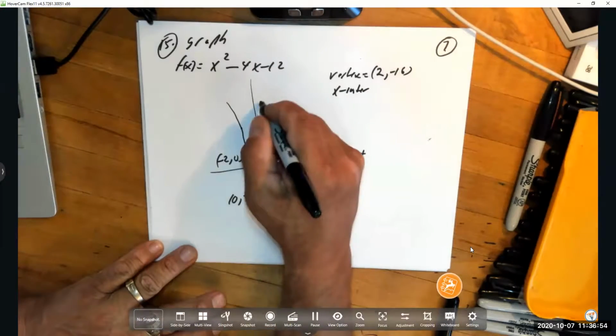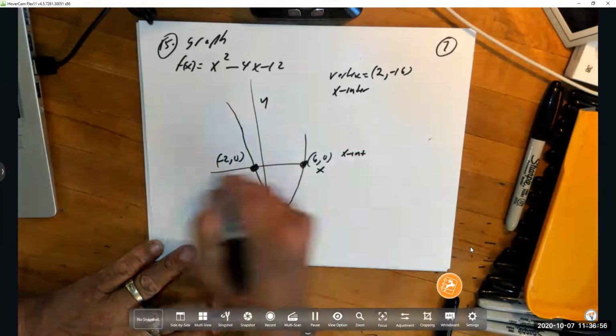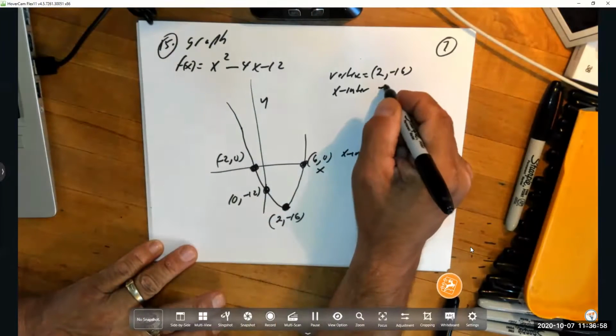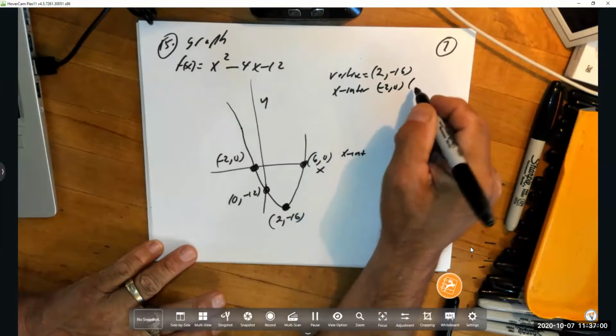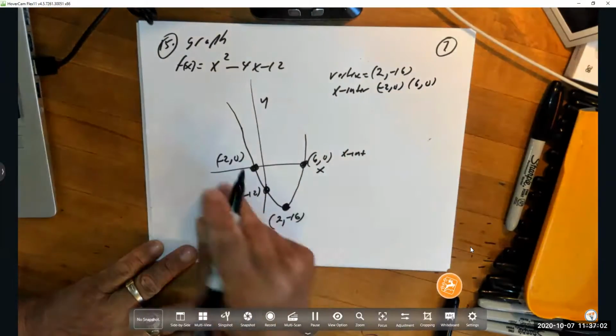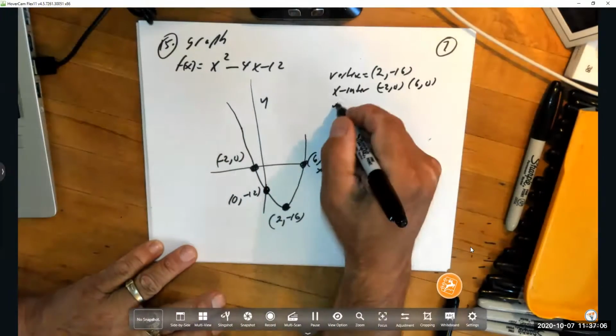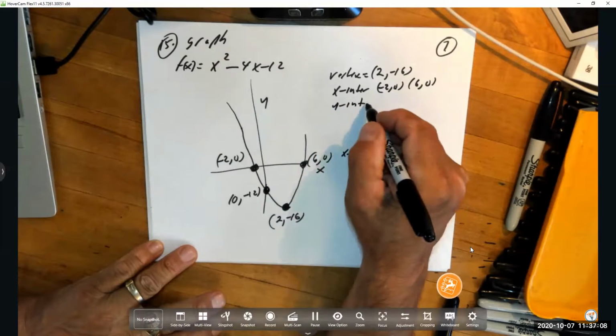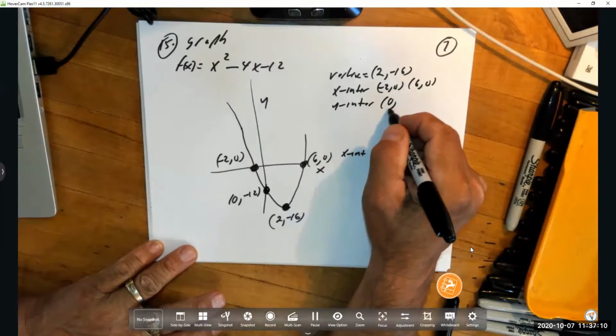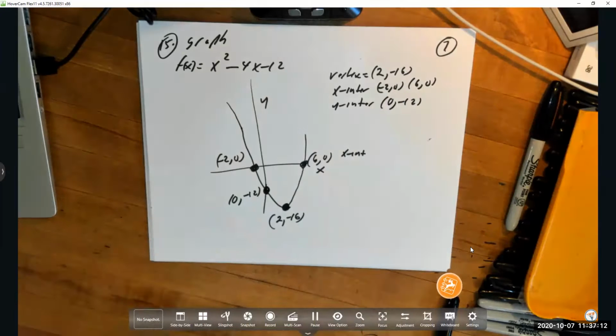The X-intercepts are where it hits the x-axis. Right here. So at negative 2, 0, and at 6, 0. Those are the X-intercepts. Y-intercept right here. The Y-intercept is going to be at 0 and negative 12.